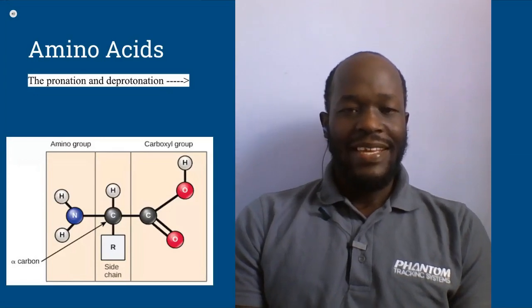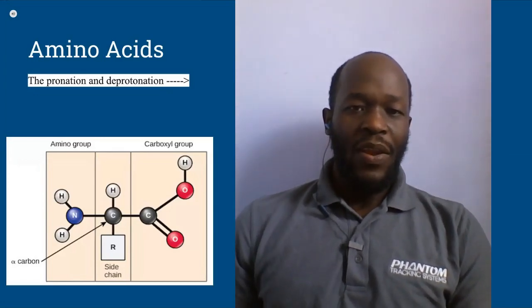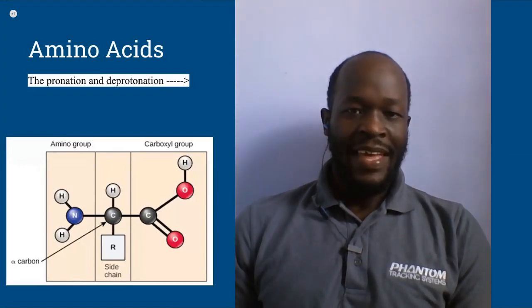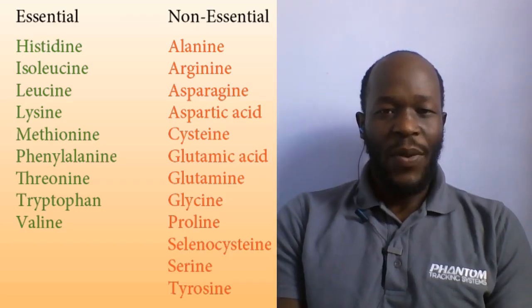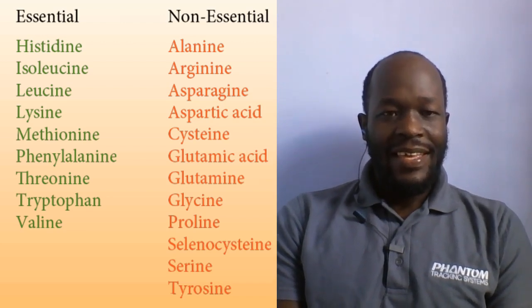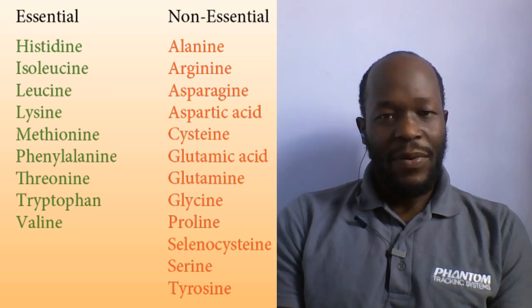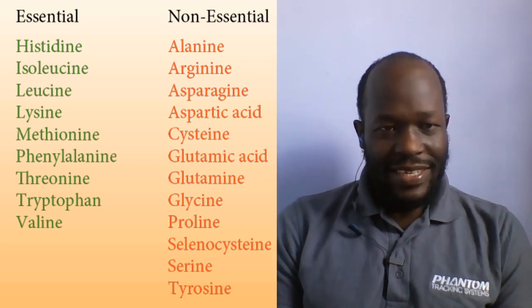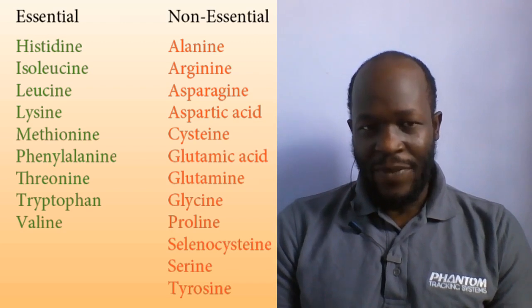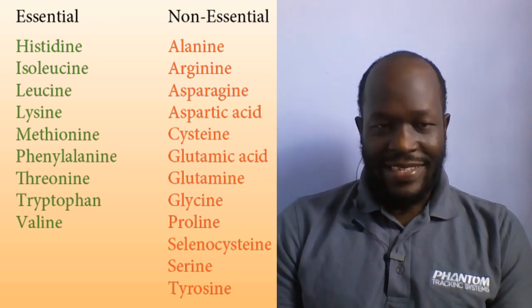Now let's look at examples of essential amino acids. Number one, we have histidine. Remember, we mentioned that histidine is a precursor used in the synthesis of histamine.